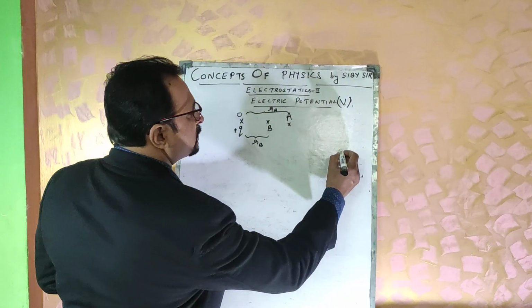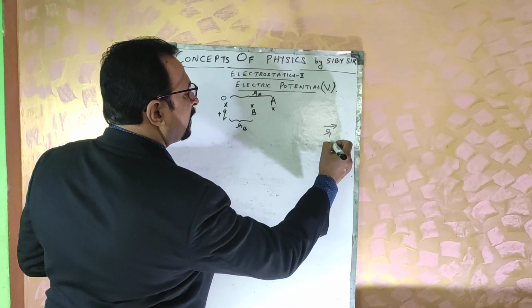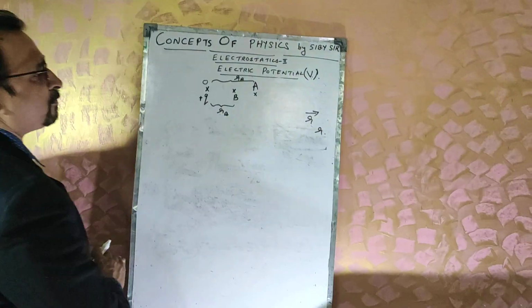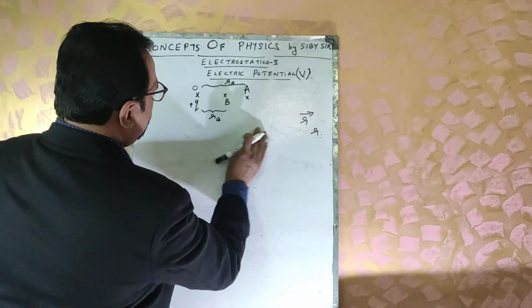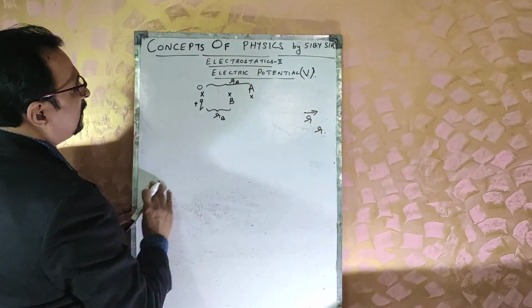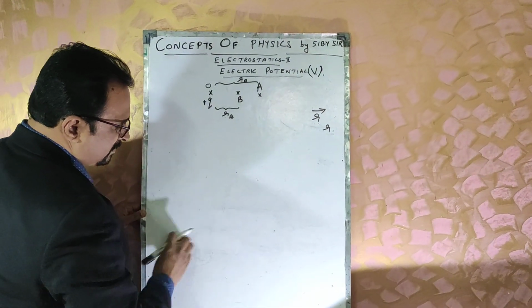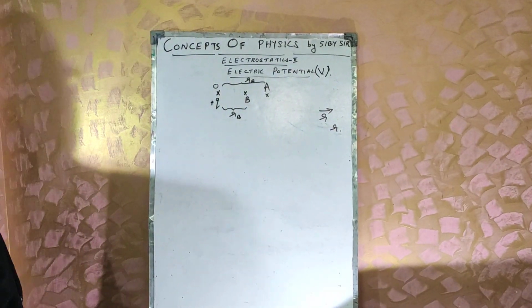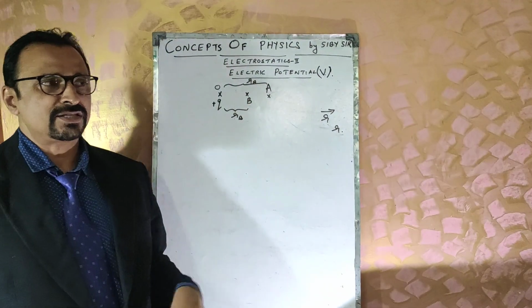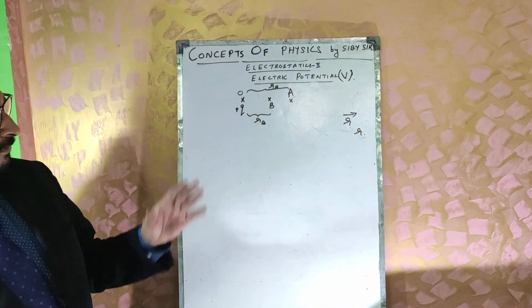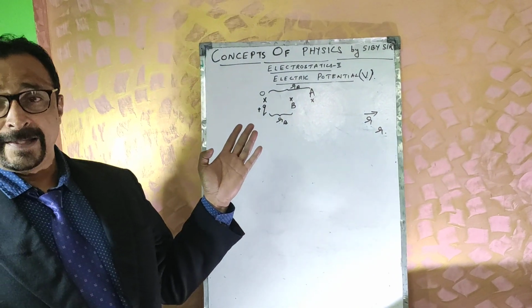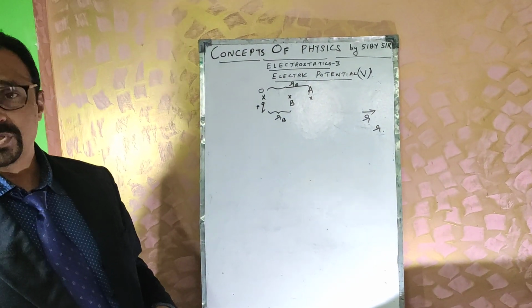You can write the position vector as R, and R is the magnitude of the position vector, which is actually equal to the distance. That is why we marked RA and RB. RA stands for the position vector of point A, and RB stands for the position vector of point B. Otherwise, in terms of distance also it is correct: RA and RB are the distances of points A and B from the source charge.